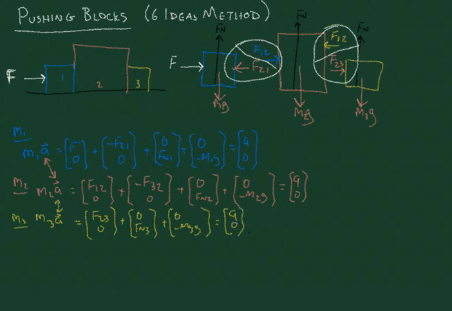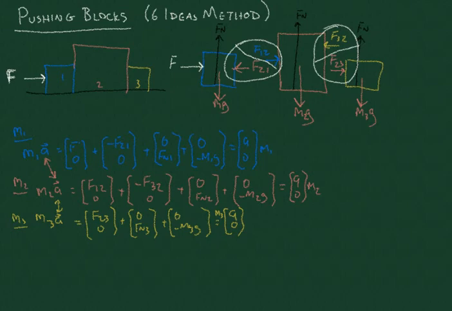Okay, so now that we have all of these, now we can actually start to solve for this. All right, and so I'm sorry, we should also have an m3a here. This should be m2a. And this is m1a. Okay.